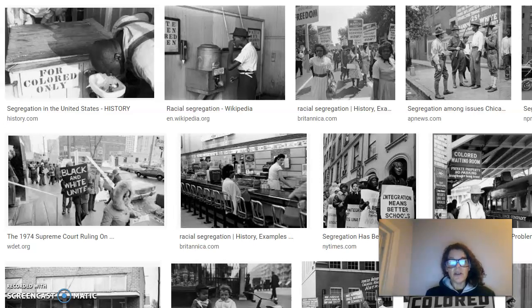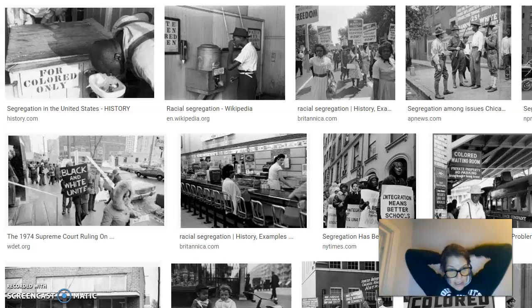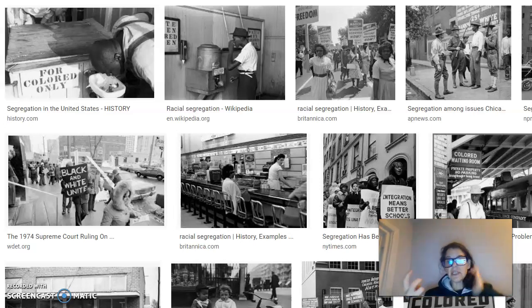So, for example, I have here up on the screen images from segregation because for me, I find it incredible that segregation ended so recently, and that knowledge changes the way I think about the world. So a lot of times people will say things like racism is over, and I think, how can racism possibly be over? We didn't end segregation until 1964. History, like cultures, doesn't change that fast.